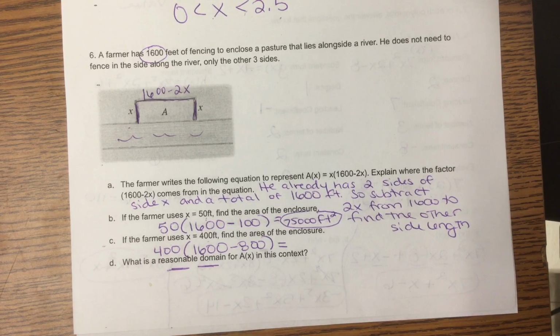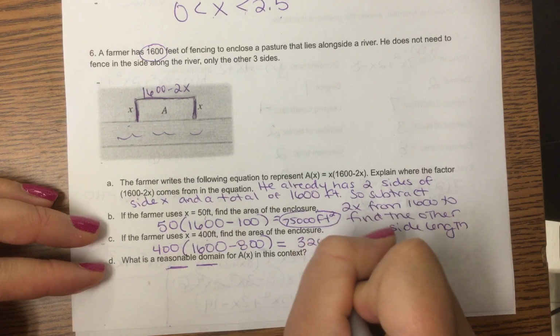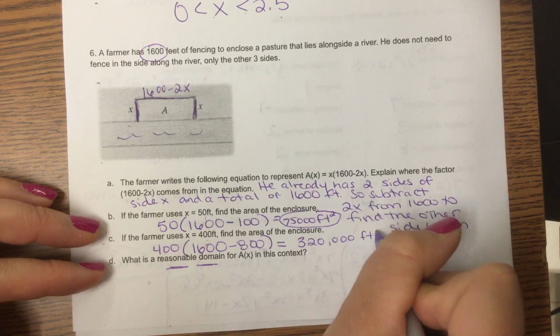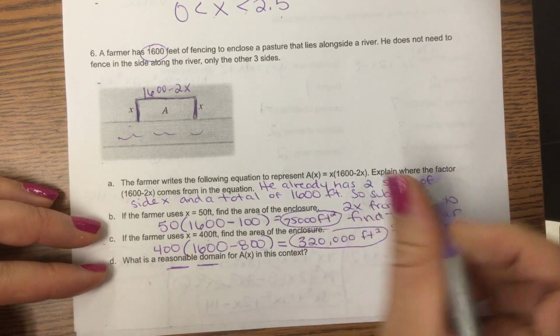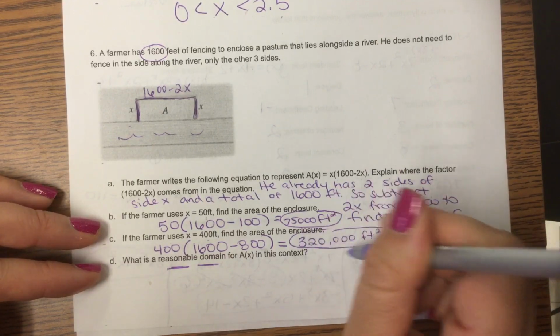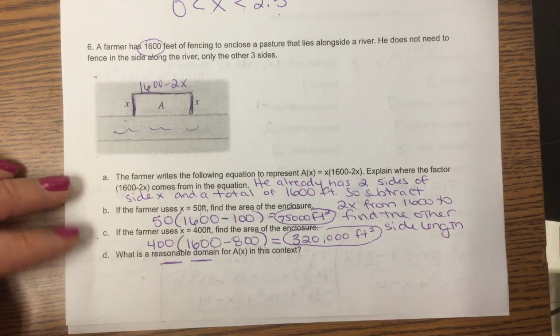So let's see, 400 times 800 is 320,000 feet squared. I mean, that is a ton more space for your animals or your food.